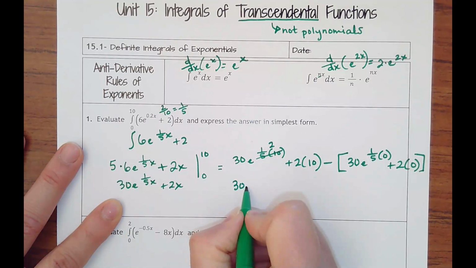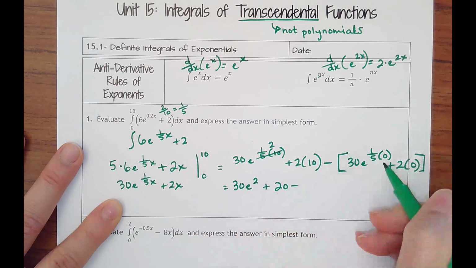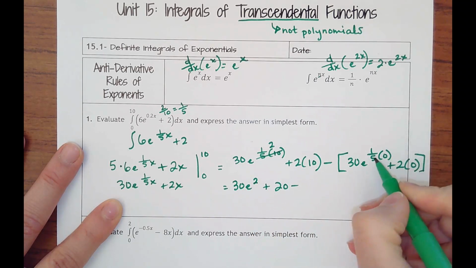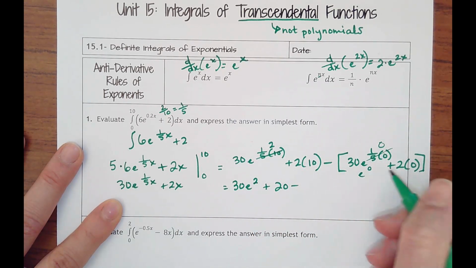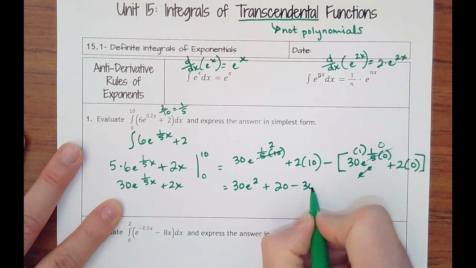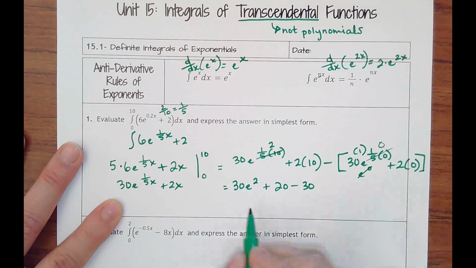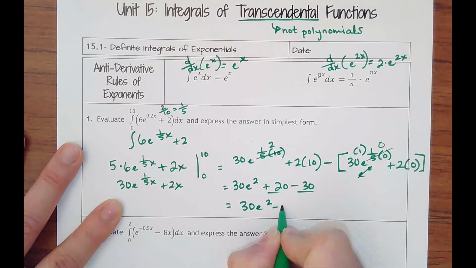So I get 30e squared plus 20 minus, 1/5 of 0 is 0. But e to the 0 power, anything to the 0 power is actually 1. So 30 times 1 is 30, so it'd be minus 30. 2 times 0 is 0. To simplify, just combine my like terms, and I get 30e squared minus 10.